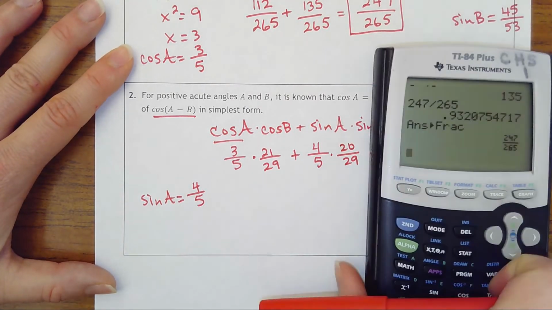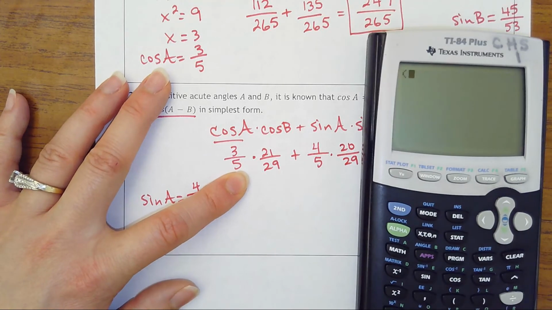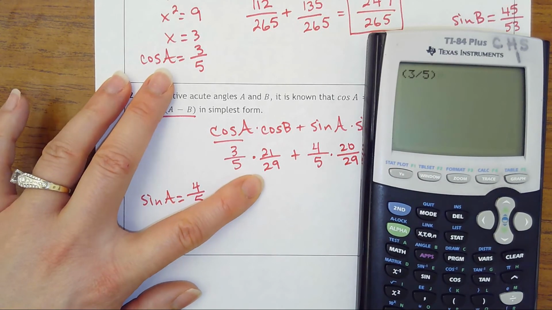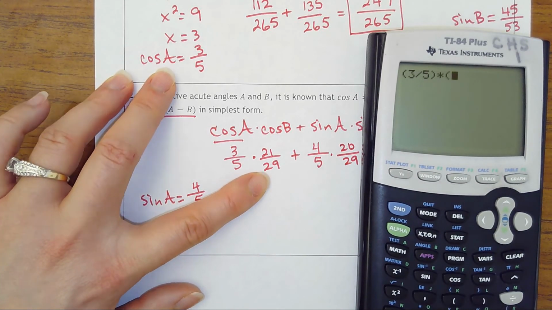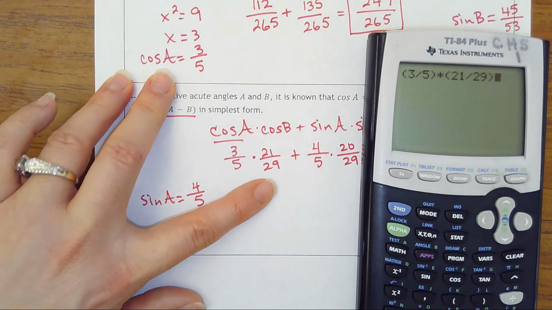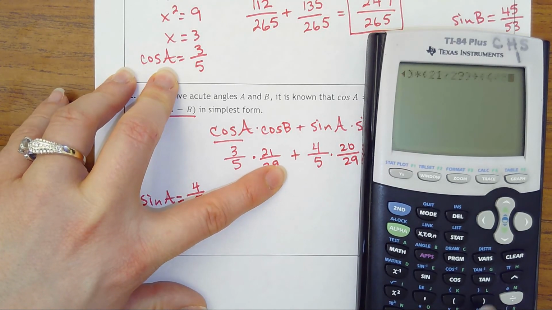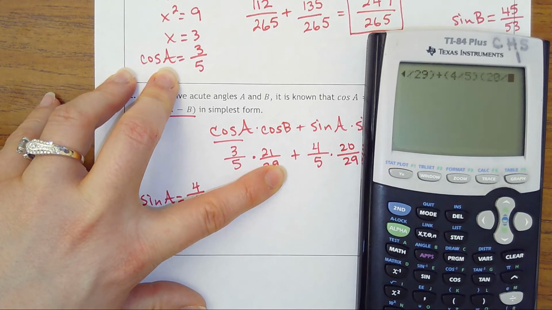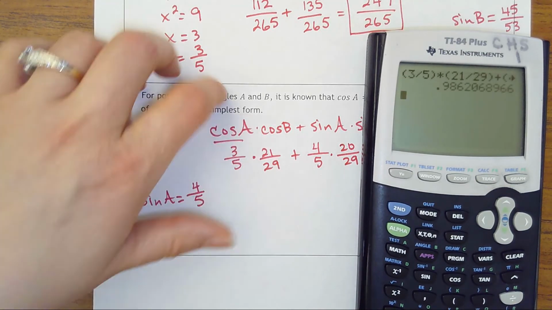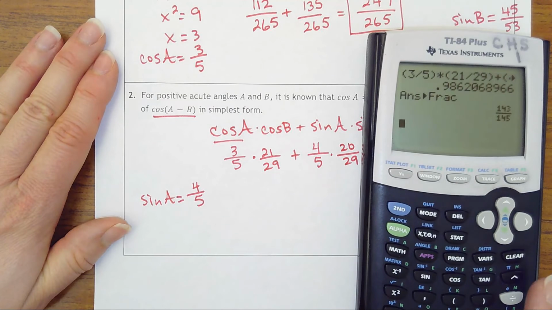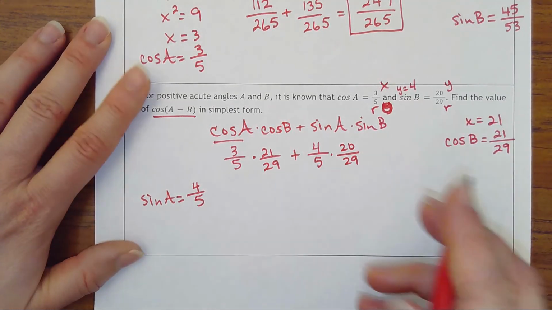Then from there it's just multiplying. If you want to do it all at once, it'd be 3/5 times 21/29 plus 4/5 times 20/29. I guess that is probably easier. And you get 143 over 145.